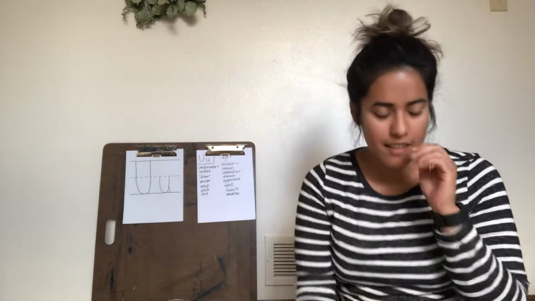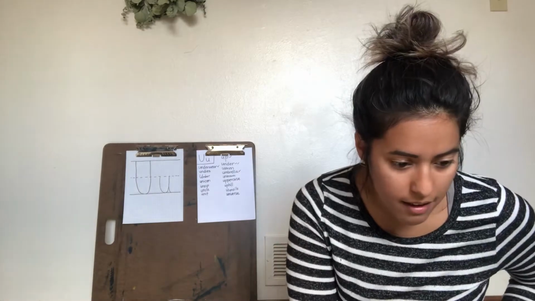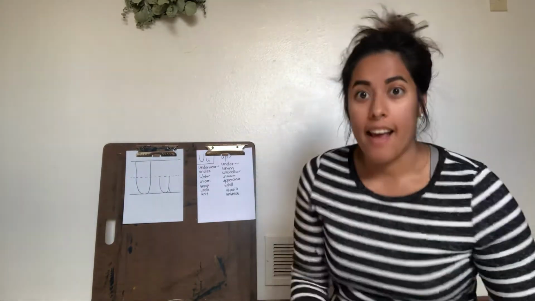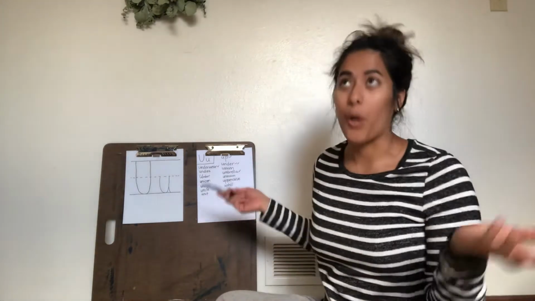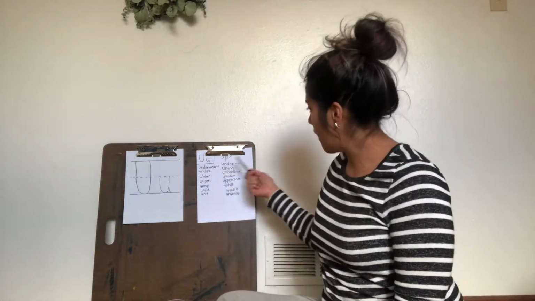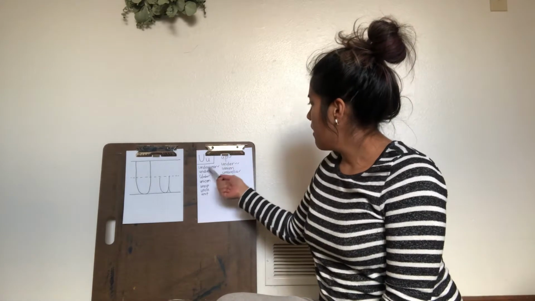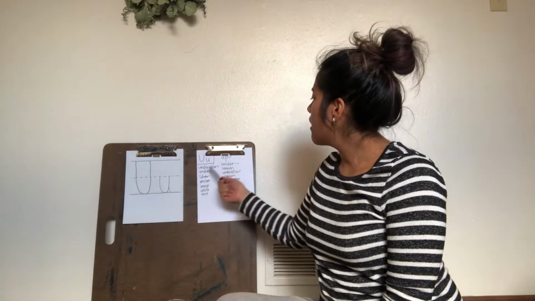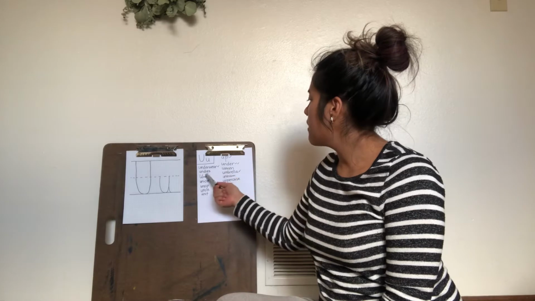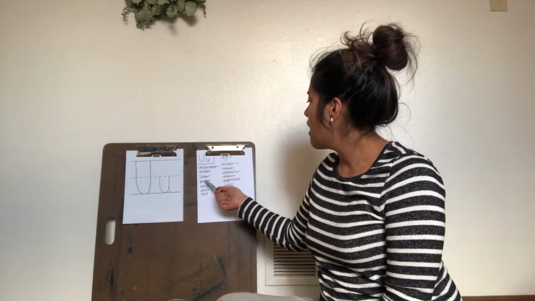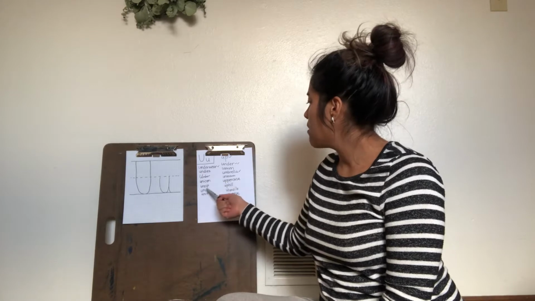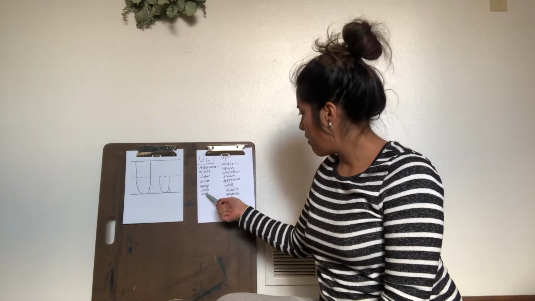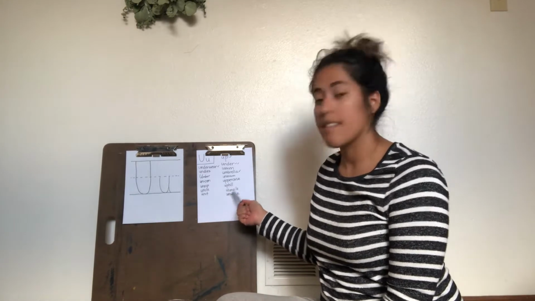All right, so that's all the homework that I got for today. So let's do a final count of how many words we have. All right, ready? 1, 2, 3, 4, 5, 6, 7, 8, 9, 10, 11, 12, 13, 14, 15, 16.